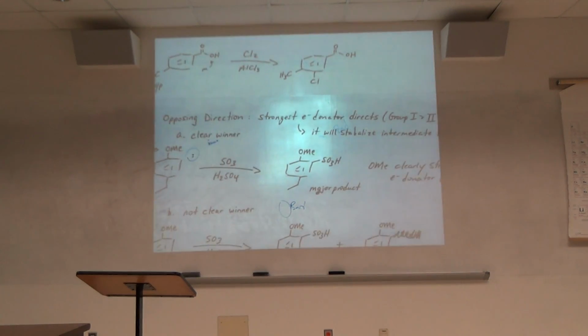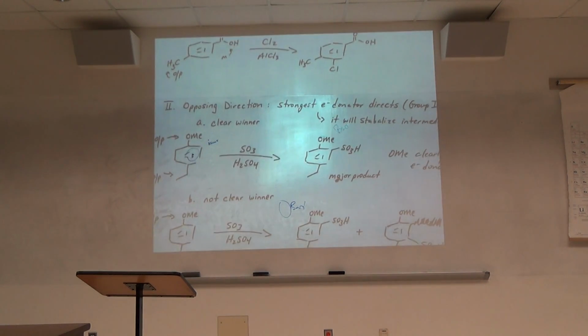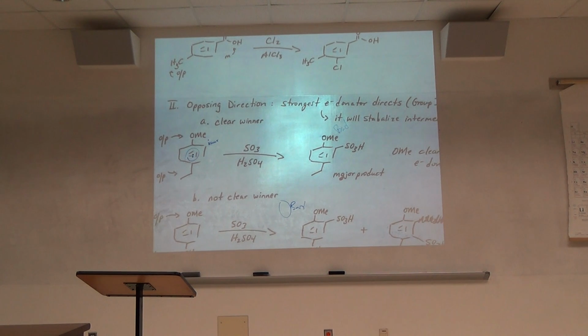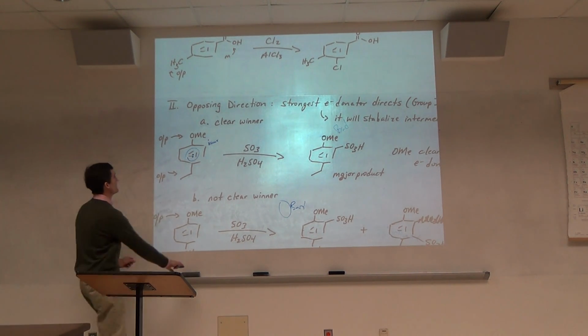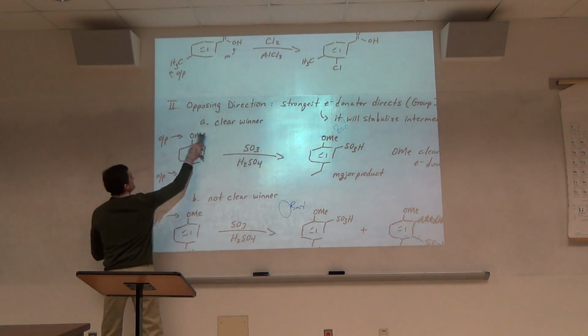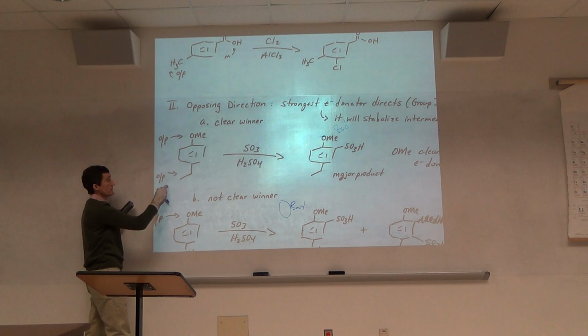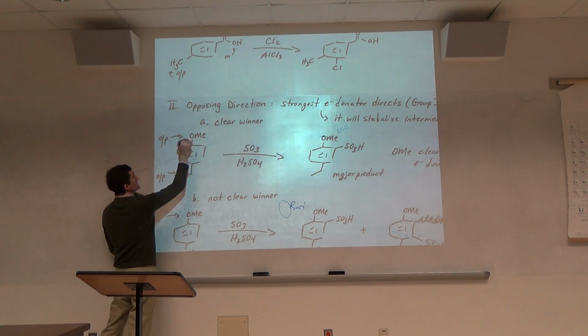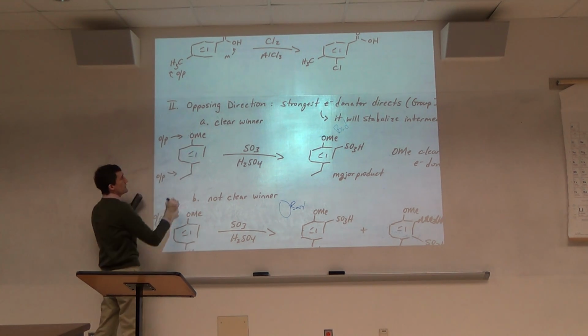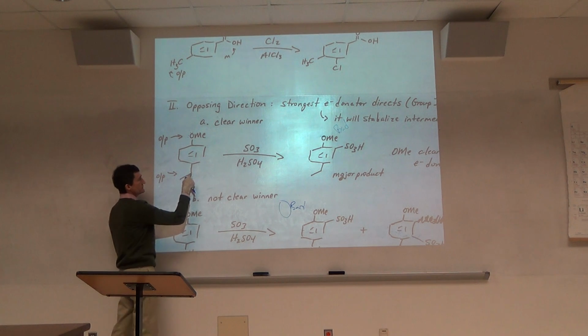You can also, though, have opposing direction. And with opposing directions, you may have clear winners or you may have not so clear. What type of director is this ethyl? It's an alkyl, group 2, ortho-para. Methoxy, group 1, ortho-para. So this group directs where?